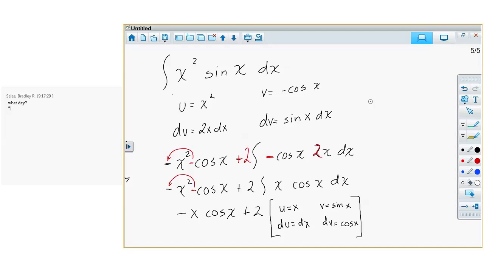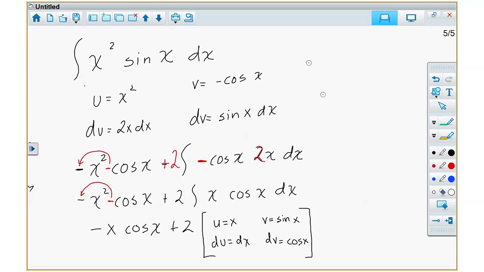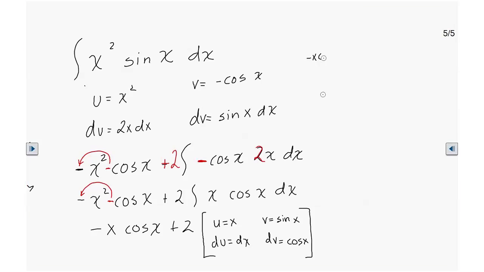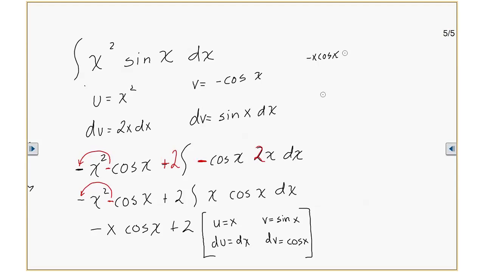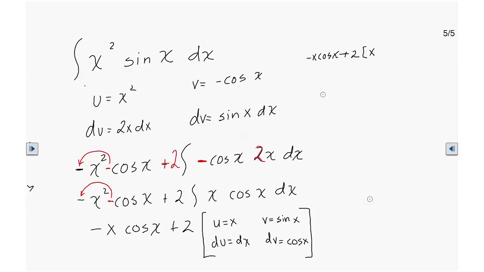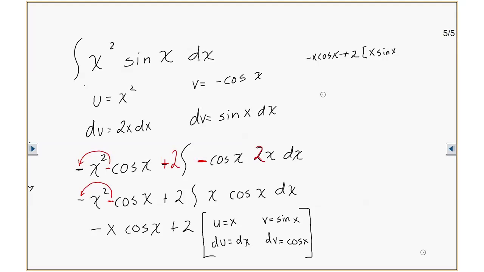All right, so go up here. So that's going to be negative x cosine of x plus 2, and then that's going to be ultraviolet, which will be x sine of x minus voodoo, which is minus sine of x dx.